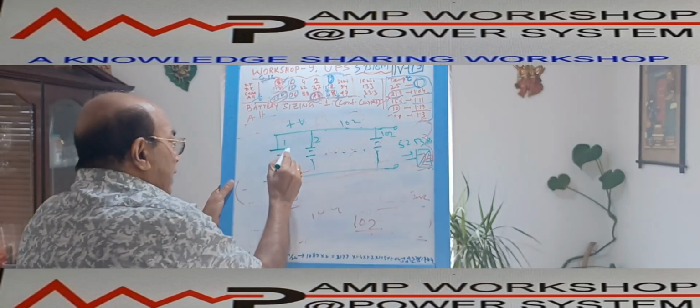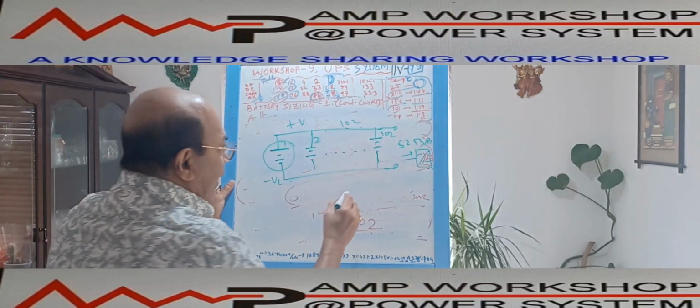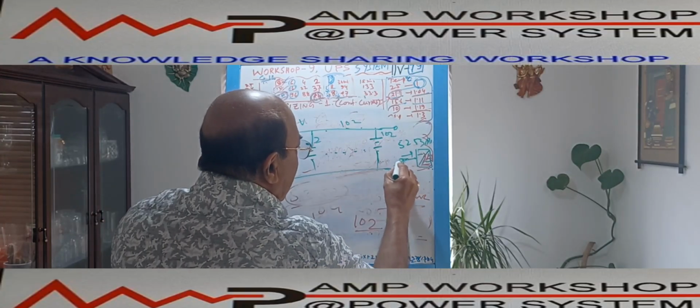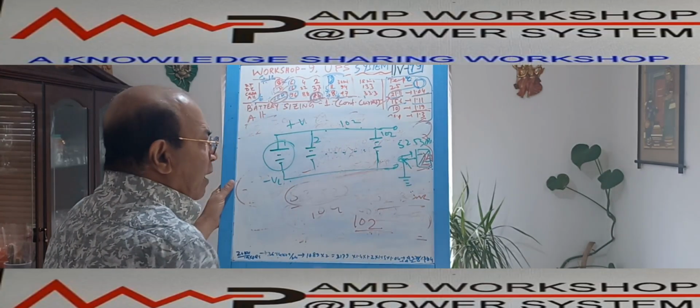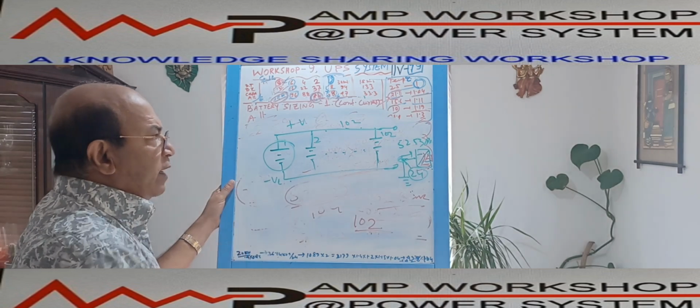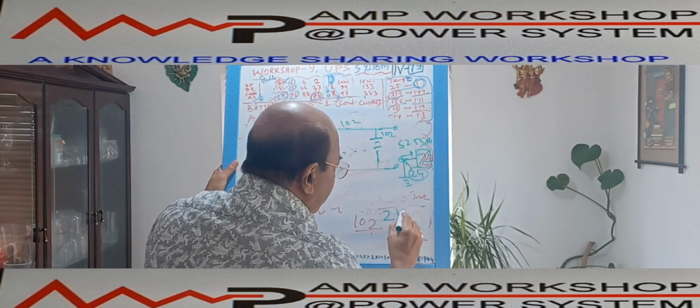Now, how many cells will be in each bank? That depends on the inverter voltage. What is the voltage over here where the battery is connected? Based on that, we have considered 24 volt. What type of battery are we using? We are using lead acid battery whose nominal voltage is 2 volt.